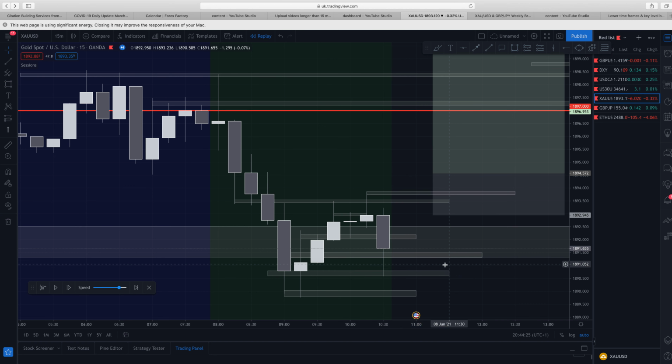It's pretty much at the 15-minute candle body support level where the double bottom is formed.